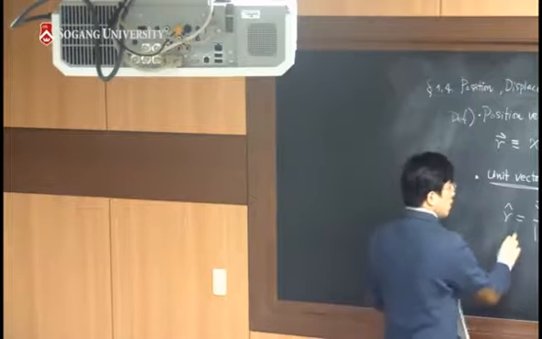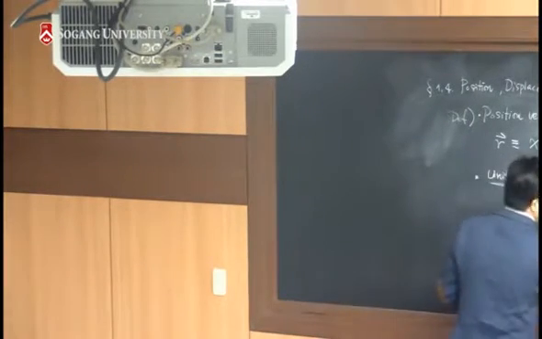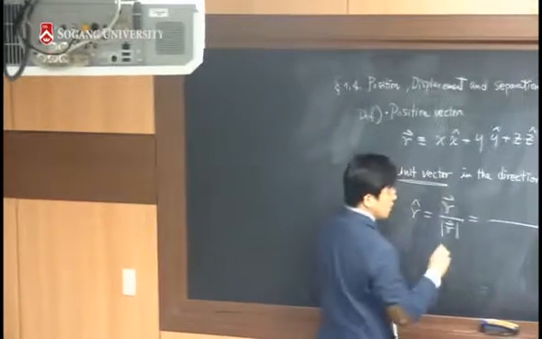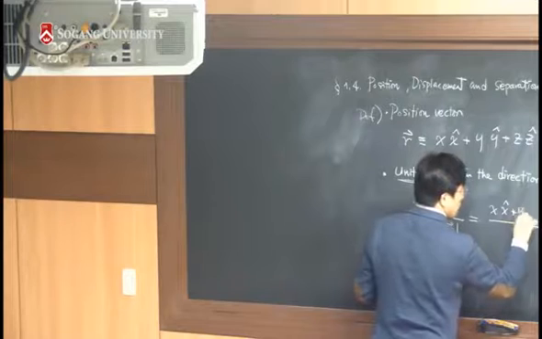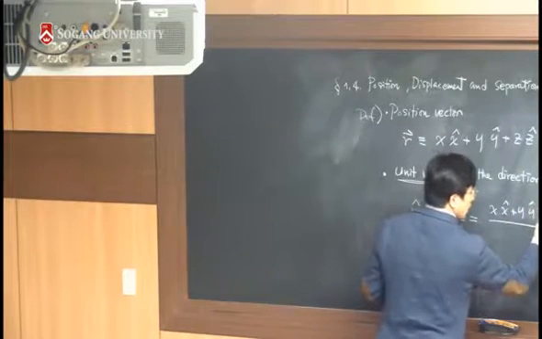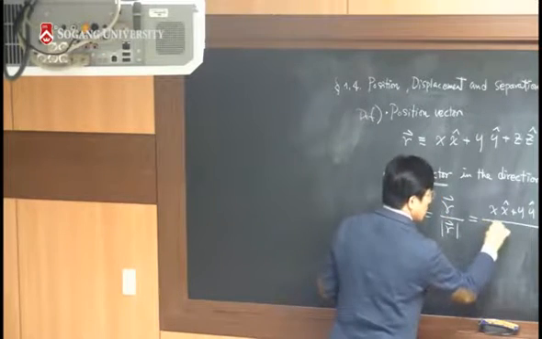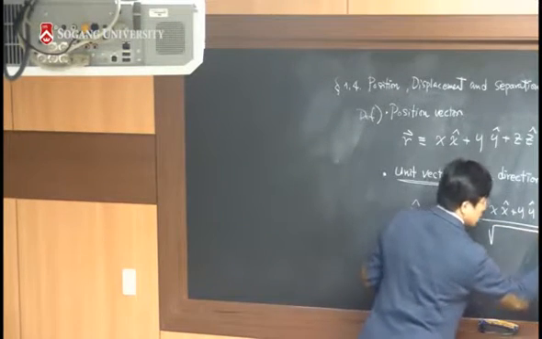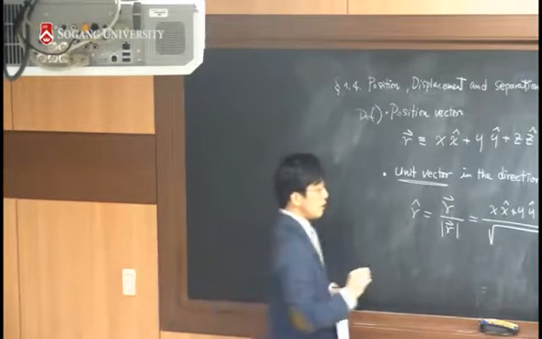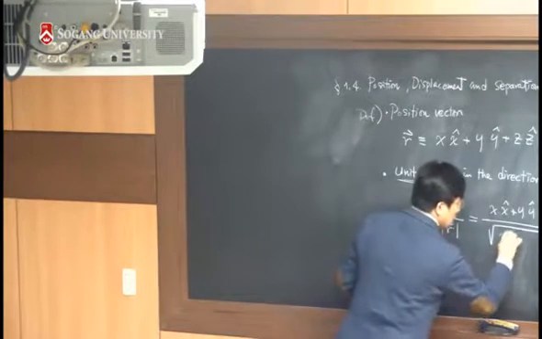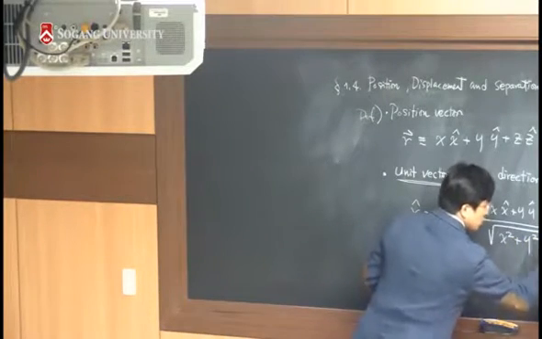So the representation of a unit vector by x, y, z will be given as x in the x direction, and y in the y direction, and z in the z direction, which is divided by the magnitude of the position vector, which will be the square root of x squared plus y squared plus z squared. Okay?